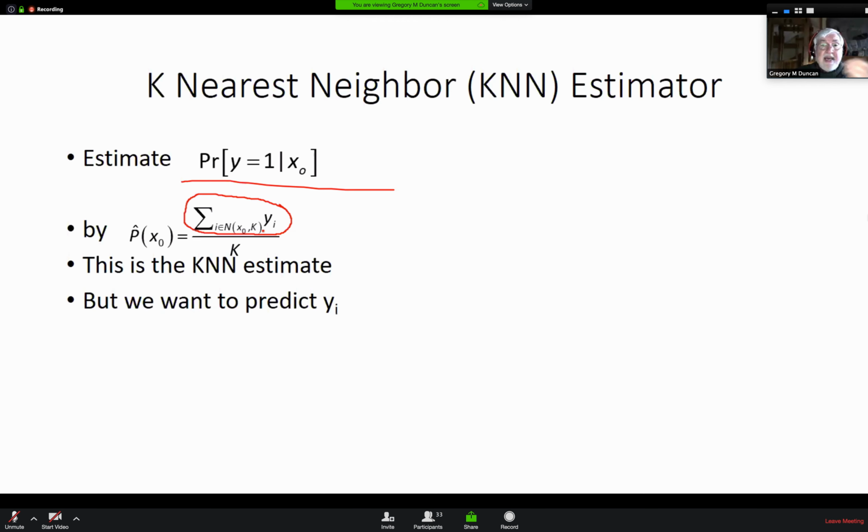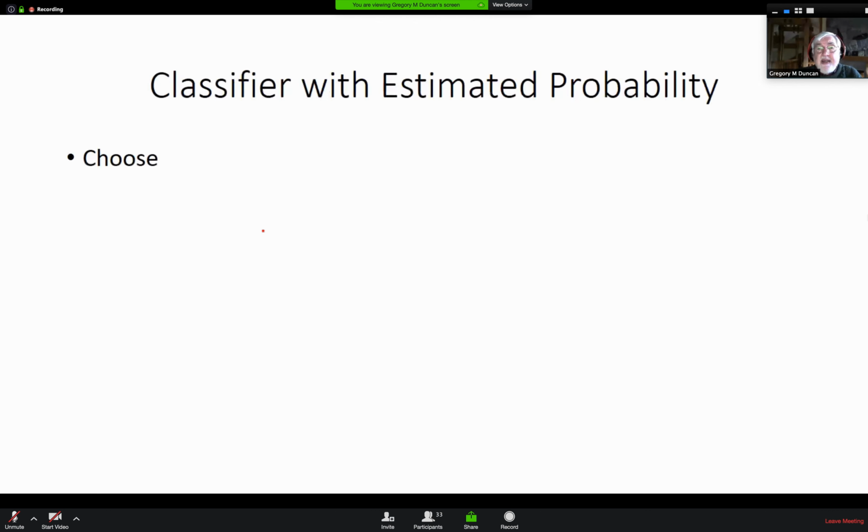Okay, but again, we want to predict y. We have the probability and we estimate with an estimated probability. That is, y0 hat equals 1 if our estimated probability is greater than 0.5.